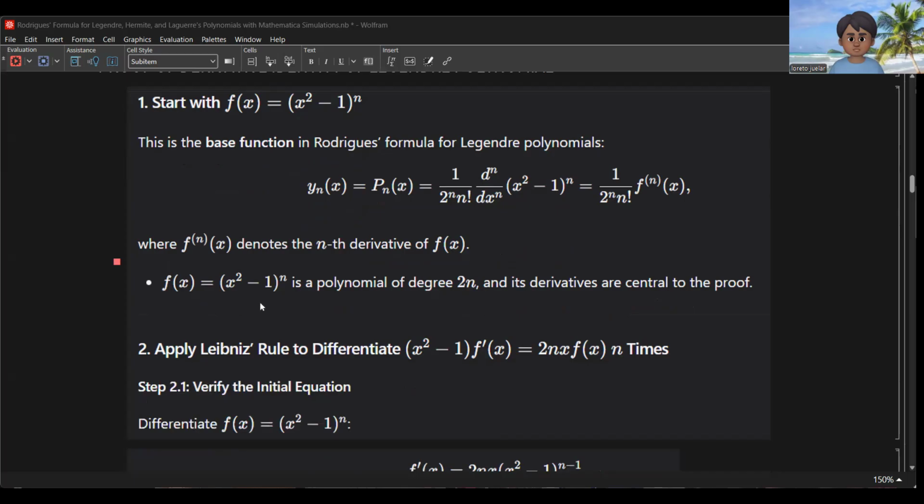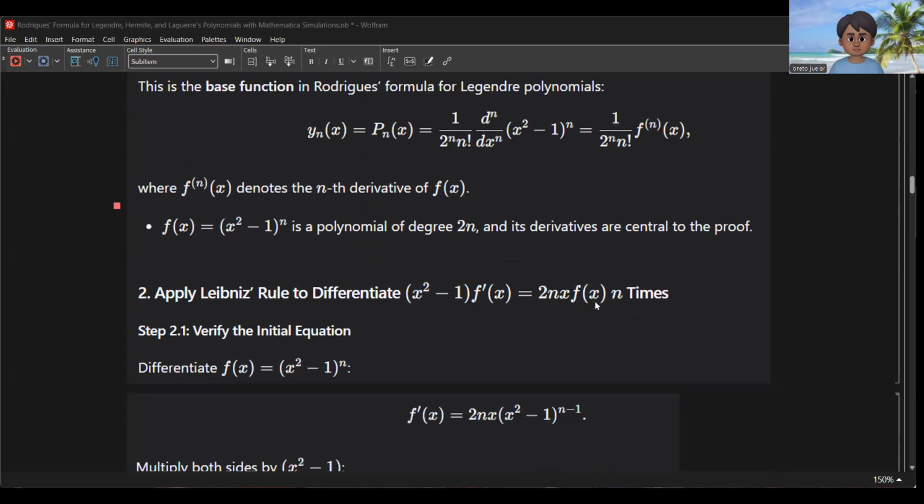So f of x equal to x squared minus 1 raised to the n is a polynomial of degree 2n, and its derivatives are central to the proof. We have to apply the Leibniz rule to differentiate: x squared minus 1 times f prime of x equals 2nx f of x. We have to apply this Leibniz rule n times.